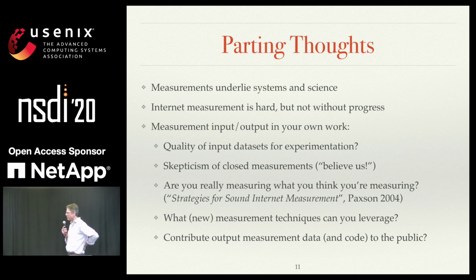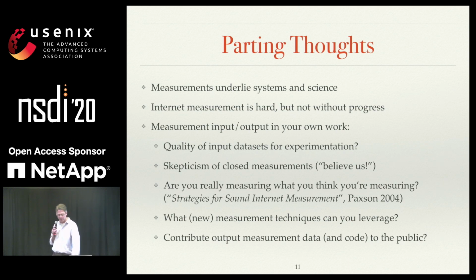When I talk about input, I mean it's often easy to not question the quality of the input data that you have. You just say, I need this data, someone give it to me, right? And that's extremely dangerous in this space. There is data that's not always good. I think it's also important to be skeptical of closed measurements. There's many papers that say, just believe us, we measured it, right? And that's probably something that we don't always want.